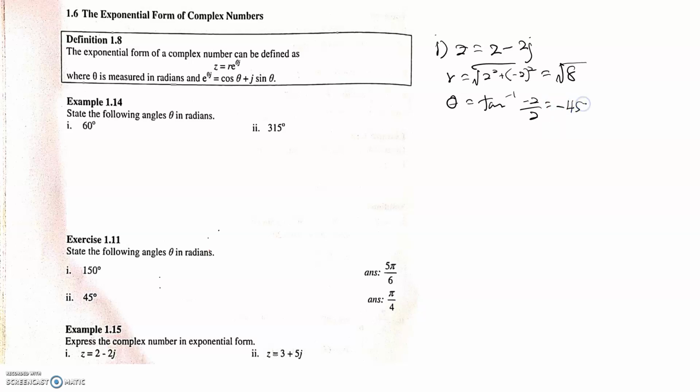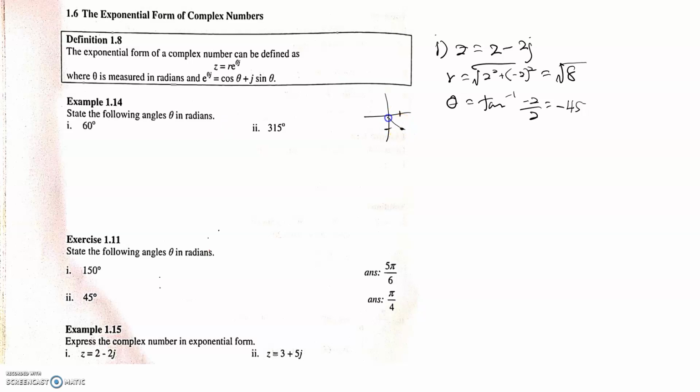which is equal to minus 45. Now, before we proceed to converting it into radians, we need to make sure that this is actually the correct figure. So let's look at it again. We have a is 2 and b is minus 2, which is at this area.